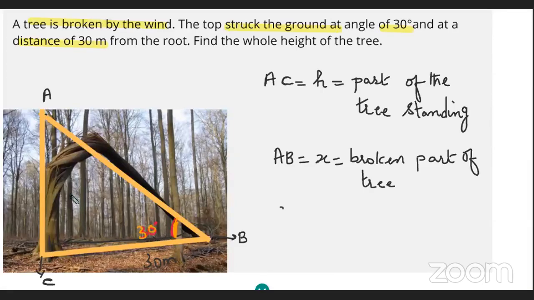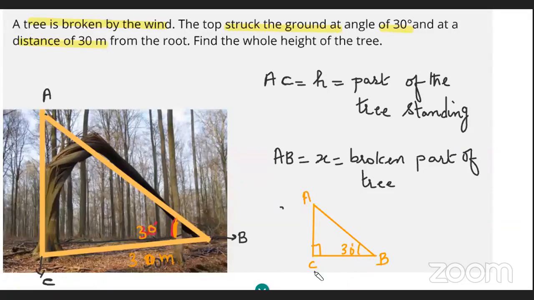This is 30 meter away, that is the floor. So I'm going to make this triangle now. It looks like this: this is my A, this is C, this is B, 90 at C, and 30 at B.